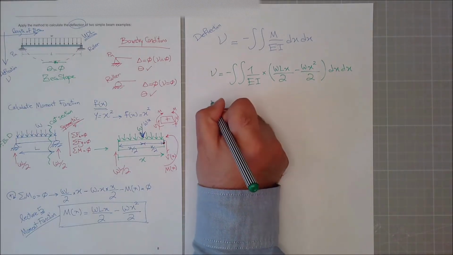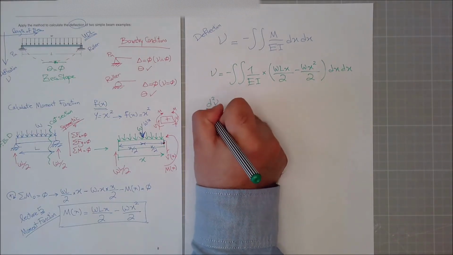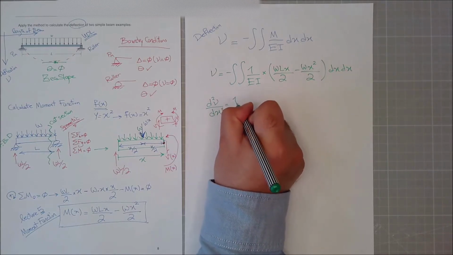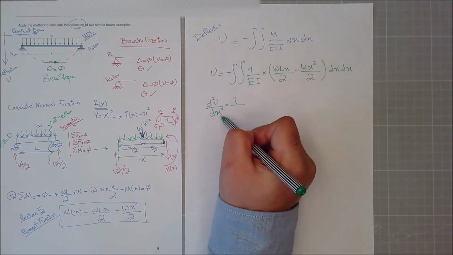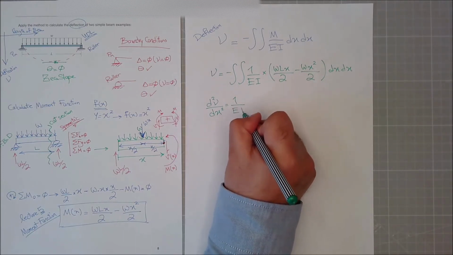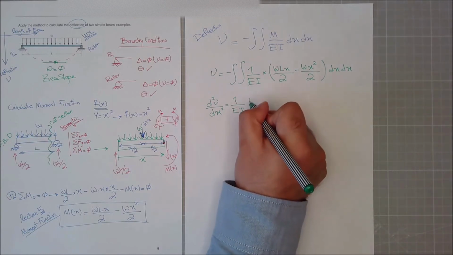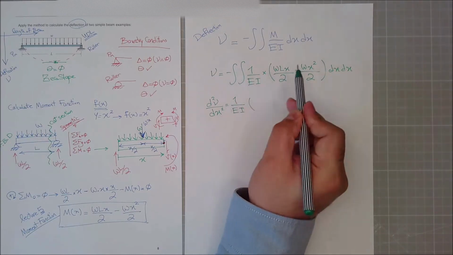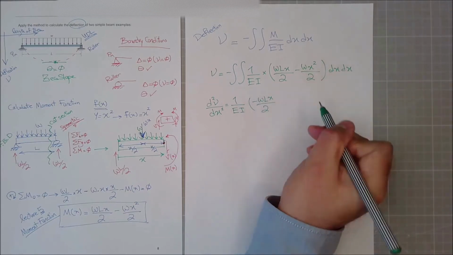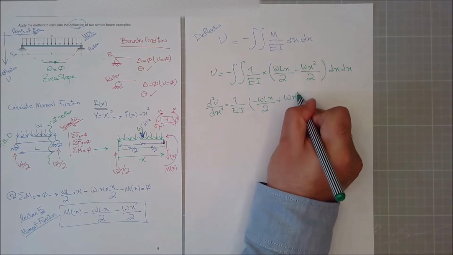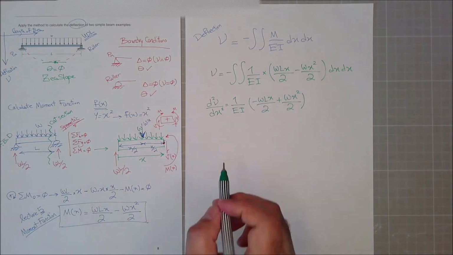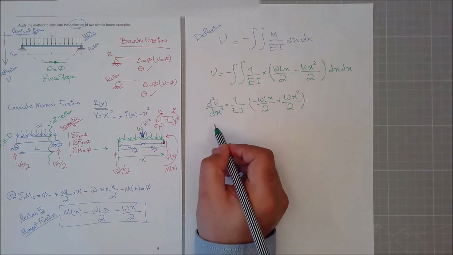So the double integration looks something similar to this, yeah? I'm just changing the integration to derivatives. I'm multiplying this negative in as well, so minus WLx divided by 2 plus Wx to the power of 2 divided by 2. Let's get one differentiation less, so we integrate this.